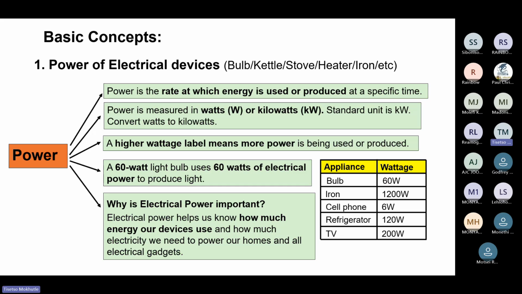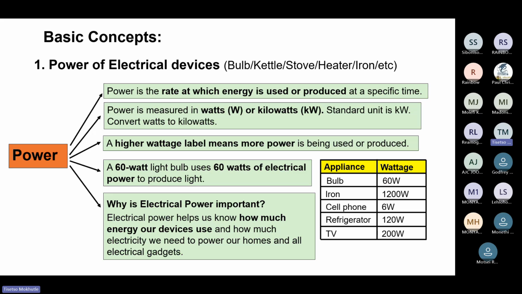Why is electrical power important? You can see here, I've just given you the common electrical devices that we use in our homes. A bulb uses 60 watts, the iron uses 1,200 watts, the cell phone 6 watts, the refrigerator when it is connected 120 watts, and the TV is 200 watts.